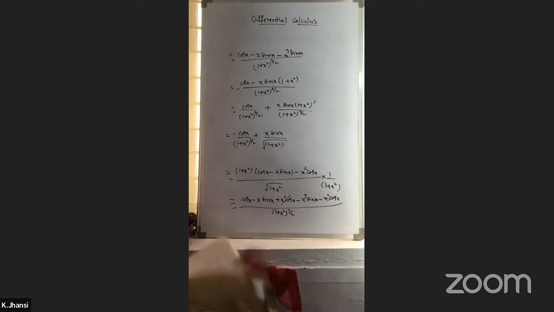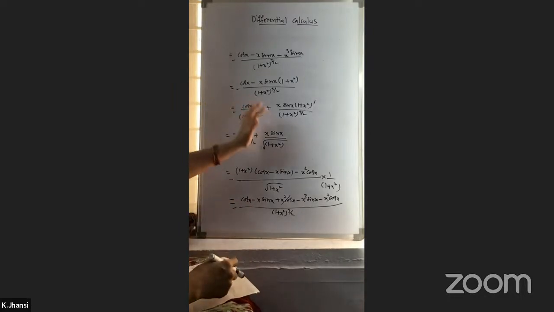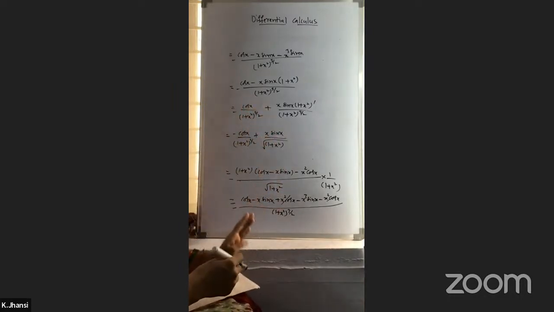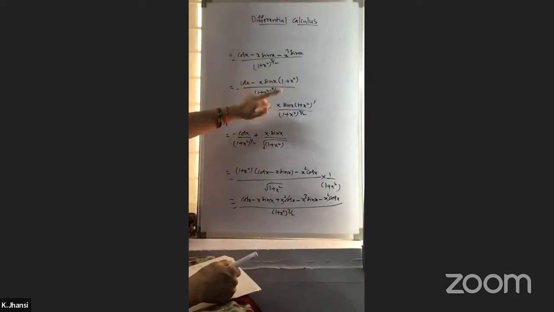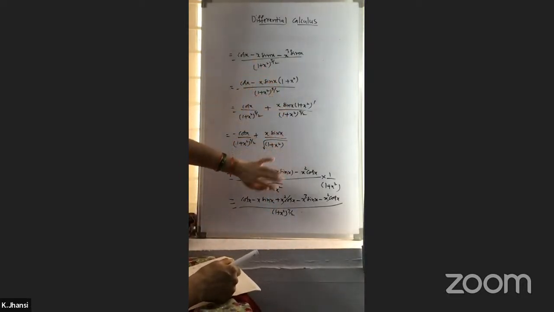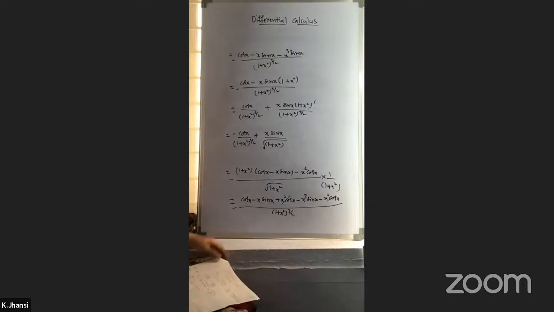Root 1 plus x square. This is the answer. Okay. So for u by v, somewhat lengthy it will be. It is somewhat complicated here. That's why we have done many steps. If the given problem is a very simple one, then you can easily solve that problem. Okay. This is the procedure for finding the u by v differentiation.